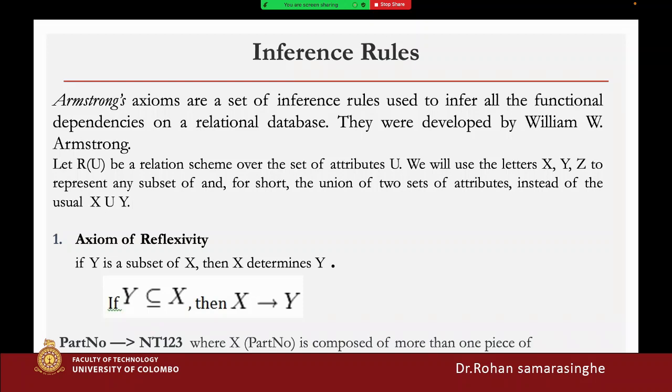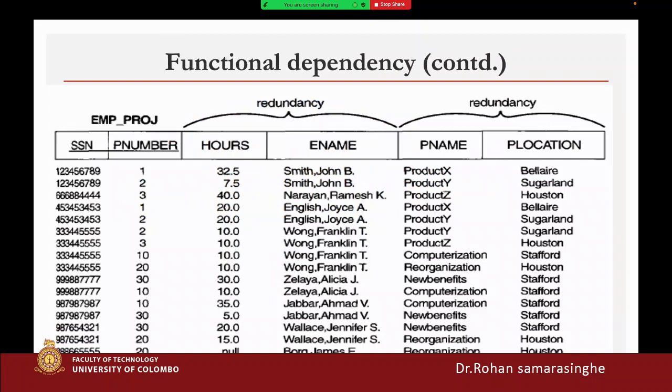U is the set of attributes in a relation R. We will use the letters X, Y, Z to represent any subset of U. For short, we write the union of two sets of attributes instead of the usual X union Y. For example, this is a relation R, and U are the attributes.